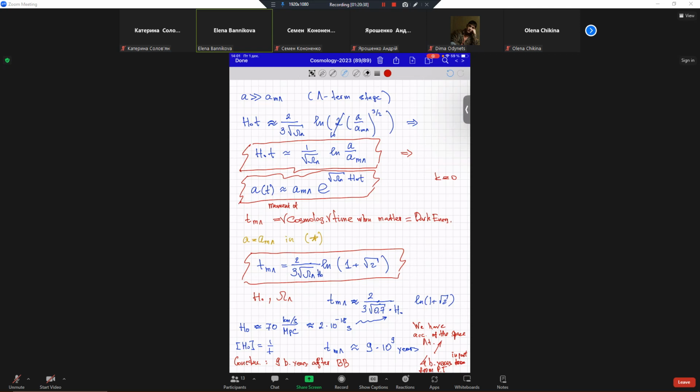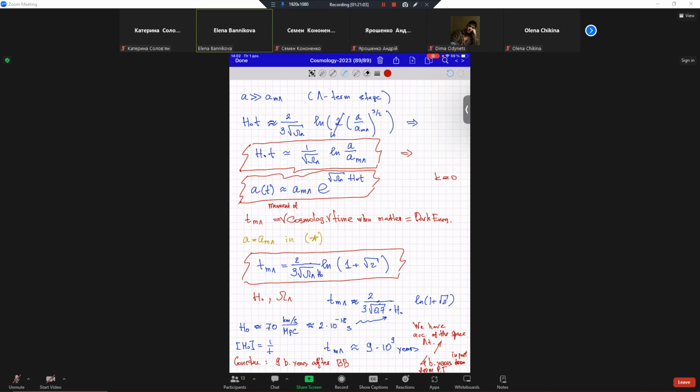So the lambda term didn't have so much contribution. And sometimes it was even discussed like the second anthropic principle. So it looks like the universe is such that finally an observer will appear, like a human being, who can observe this universe.